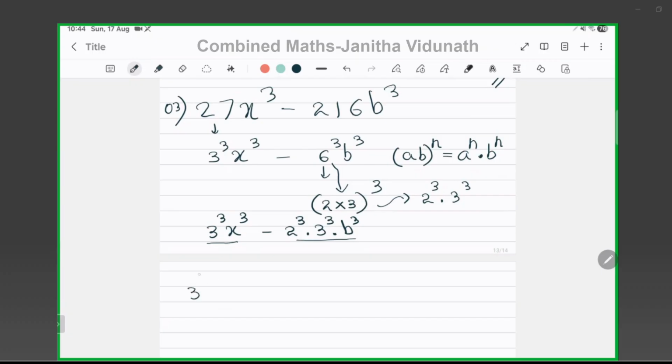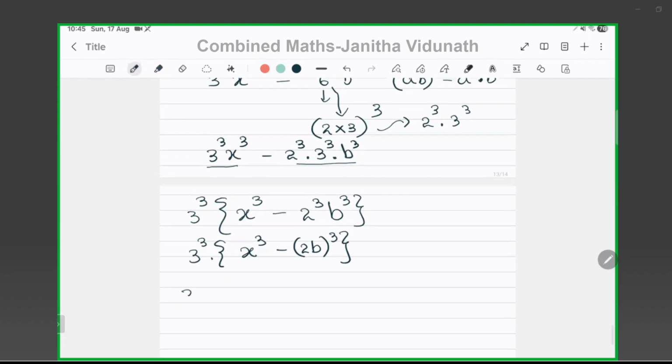Then we can factor out 3 to the power 3. Then here remains x to the power 3 minus 2 cube times b cube. Then this is 3 to the power 3 times x cube minus 2b whole cube.